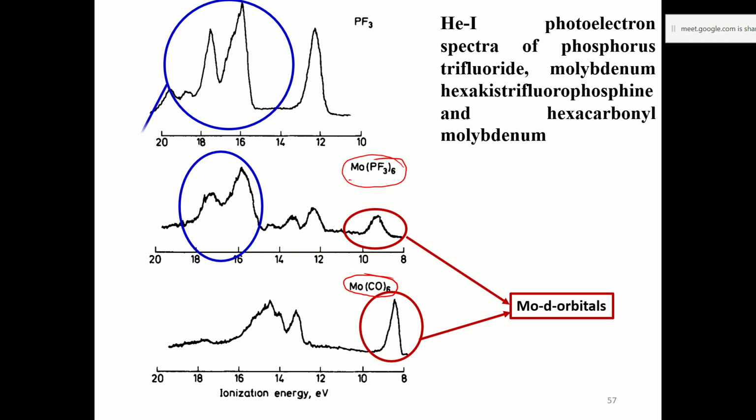electron volts. At another extreme of the scale in the graph, what you find: the first two graphs, compare the two, the blue dots. So these are PF3 orbitals which are unaffected, which do not take part in bonding.